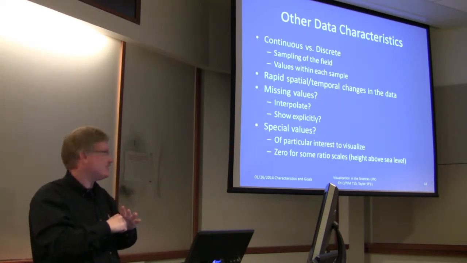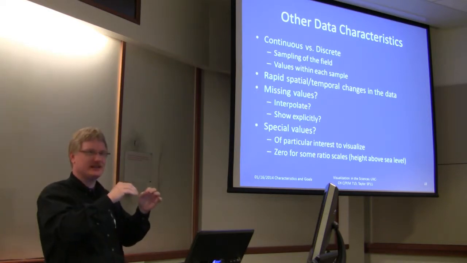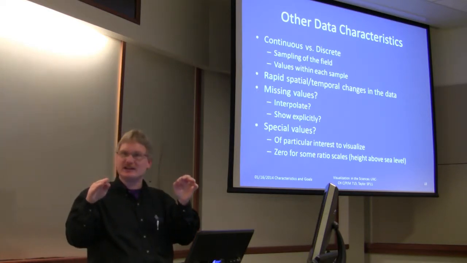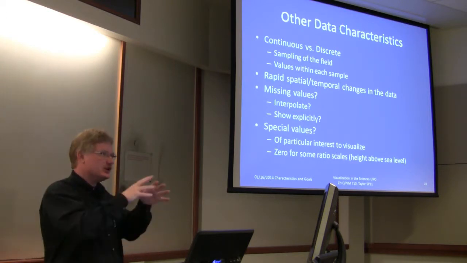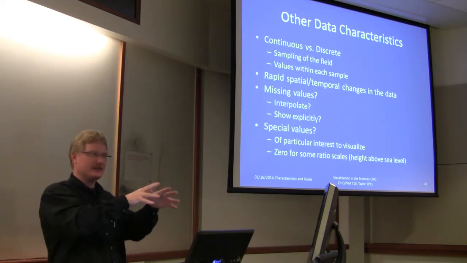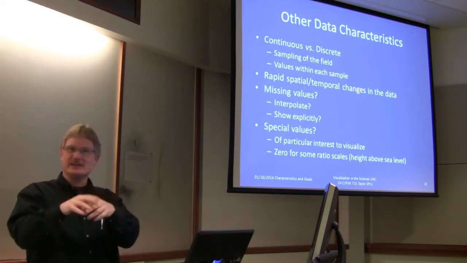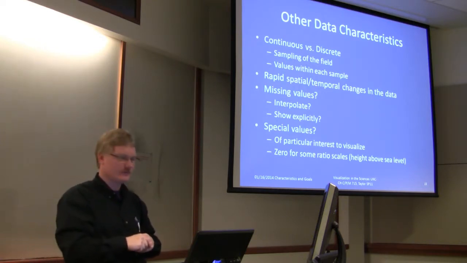The only thing we care about in this class is that some visualization techniques can show you rapidly changing, highly detailed things, and some can't, right? So really what you're thinking about is, do I need to show something highly detailed? If so, then I'm going to have to map it to one of these techniques that can show high detail.